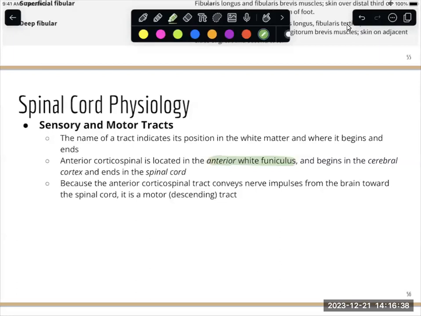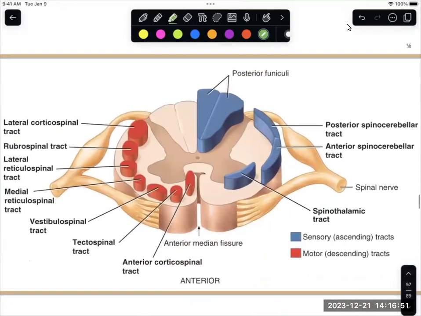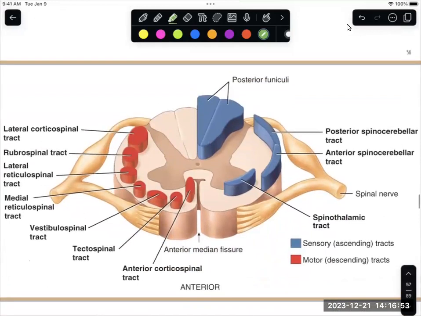There's going to be tracts that are taking information up to the brain. There's going to be different tracts that take information from the brain down the spinal cord. So as you can see between the red and the blue, that blue is sensory, so that is information that is going up to the brain.